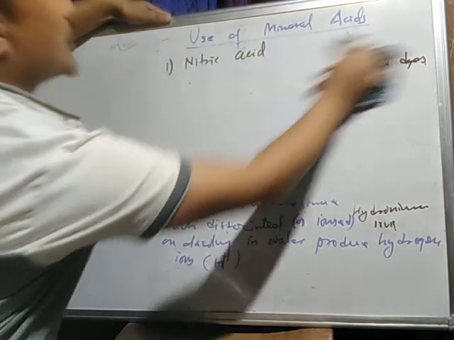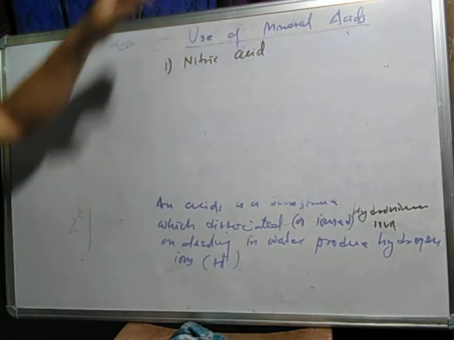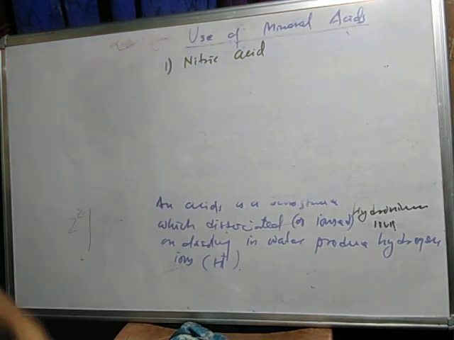Let's see, write down the use of nitric acid: making fertilizer and explosives, right?